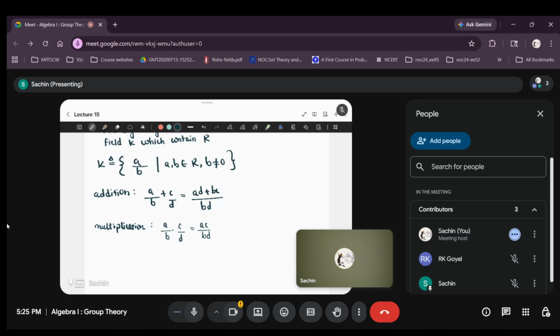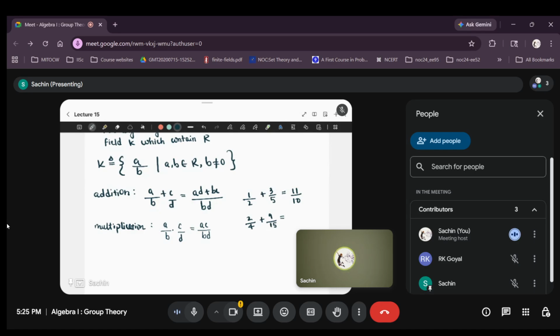So suppose you add 1 by 2 plus 3 by 5. What will you get? By this definition, 5 plus 6, 11 divided by 10. Suppose you add 2 by 4 plus 9 by 15.